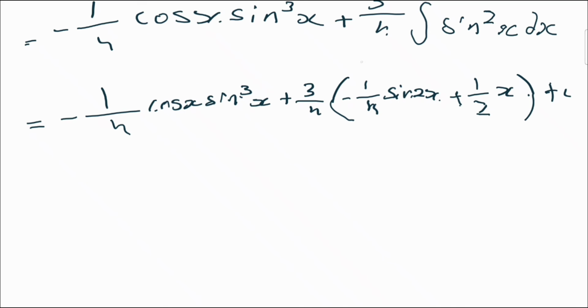So basically when you don't have an integral in your equation anymore, you can just add a plus c. Okay, so let us distribute the 3 over 4 to the negative 1 over 4 sine of 2x plus 1 over 2x. Okay, so just add in our first part of our equation.